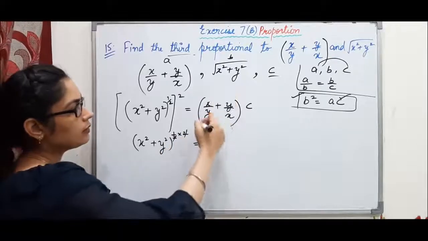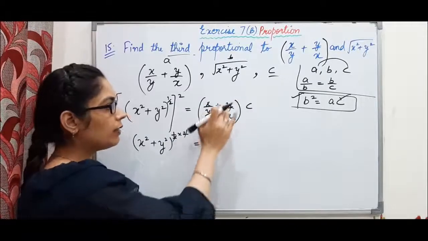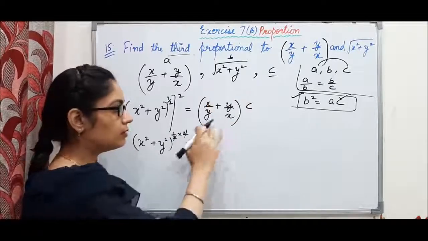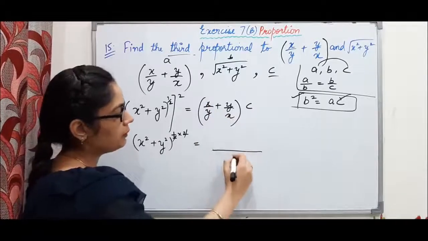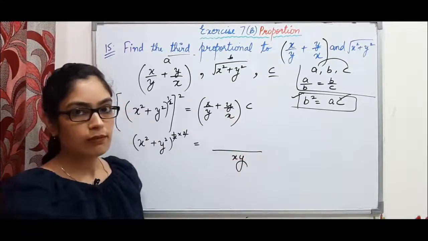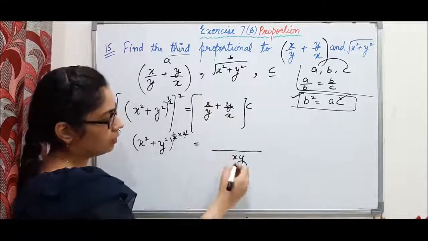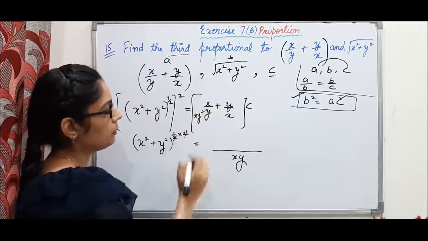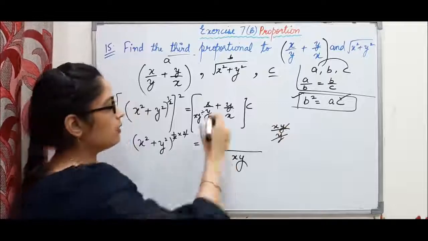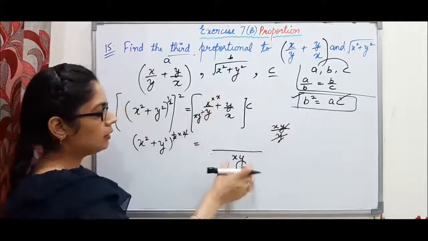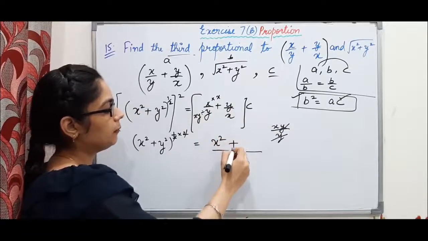And this side is like addition of fractions. Same way as when we add two fractions and the denominators are not the same, we have to take their LCM. So the LCM of x and y will be xy only. Divide the LCM by the denominator, so xy divided by y, y and y get cancelled, and whatever answer we get, we multiply with the numerator, so x into x is x square.